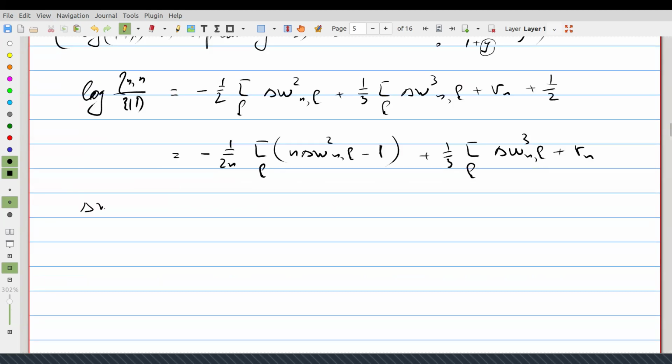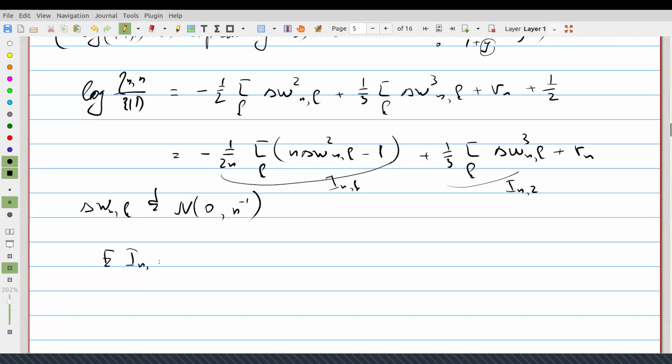Now delta W nk are obviously just independent random variables with known variance. So let us consider separately this part and separately this part. The mathematical expectation to the power 6 is less than, here it gives us n to the power 6. And here we are going to have something like this.